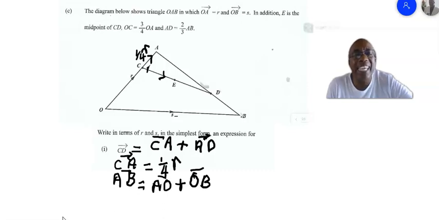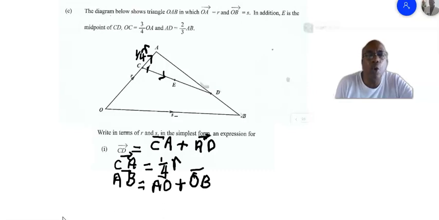So what is vector AO? We know that vector OA is R. So therefore, vector AO is the inverse of that, the reverse of that. So that is negative R. We just reverse the sign.